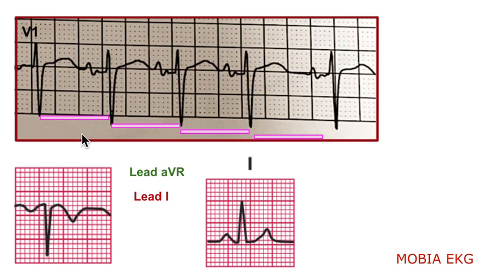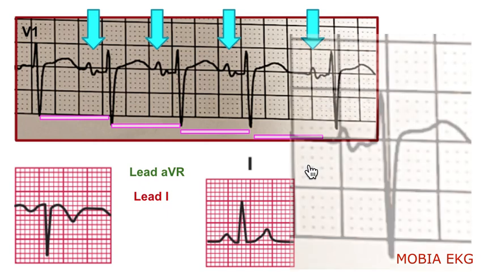Based on the definition, the P wave is the first deflection from the isoelectric line, which is normally located before a spiky QRS complex. So this is my P wave, this is my P wave, and also this is another P wave.